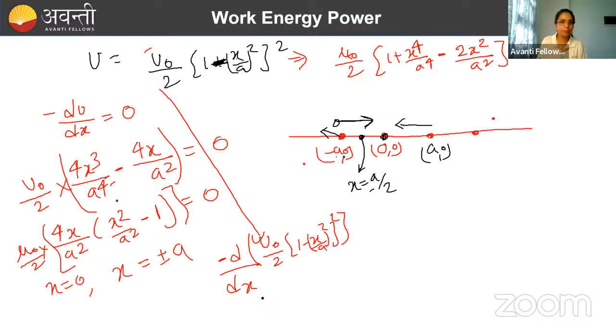If I put -a/2, the square of -1/2 is 1/4, and 1 minus 1/4 is 3/4 squared. So the potential energy is increasing now.